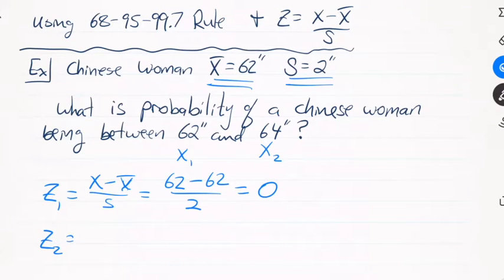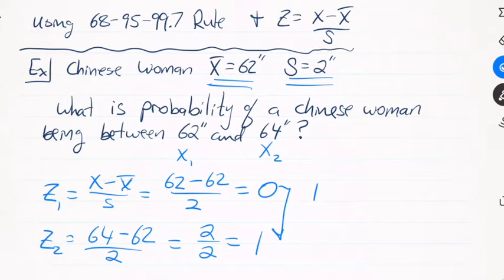z2, on the other hand, is going to be 64 minus 62 over 2, and we're going to get 2 over 2, which is 1. So this is 1 standard deviation to the right. So I'm not within 1 standard deviation of the mean, I'm literally just 1 standard deviation to the right.